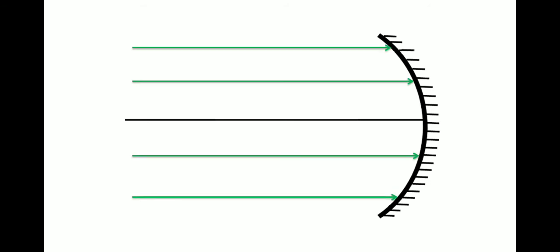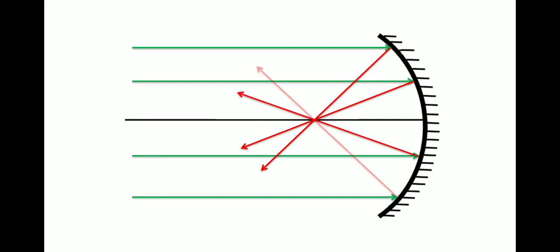And suppose there is a concave mirror in which there are parallel beams of light, parallel to the principal axis. The lights will reflect following the simple law of reflection this way. The first ray will reflect, the second ray will also reflect this way.